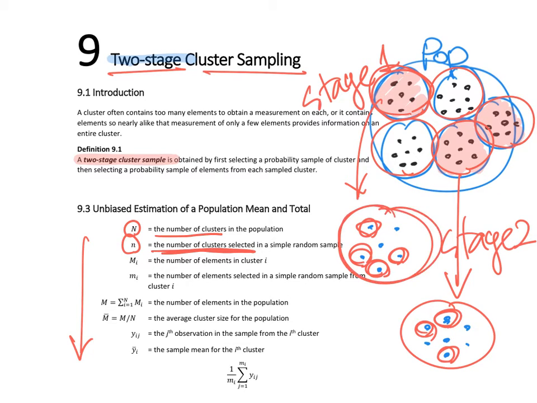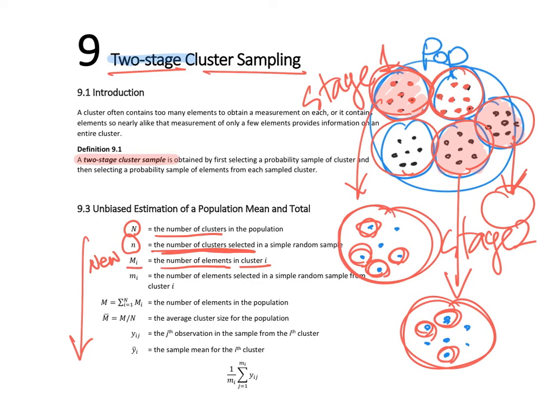So here's a 1, 2, and 3. Now the big Mi is a new one. It is the number of elements in cluster i. So here is 1, 2, 3, 4, 5, 6. And here is 1, 2, 3, 4, 5, 6, 7, 8.